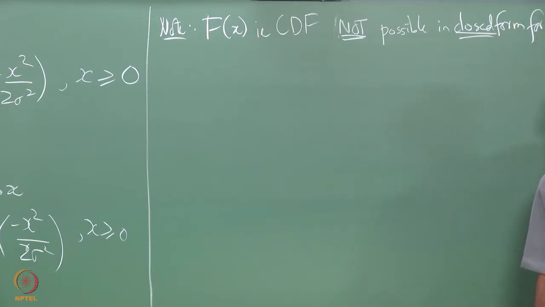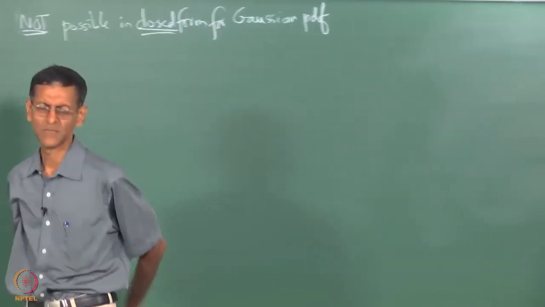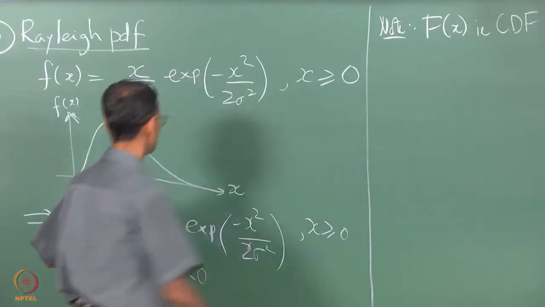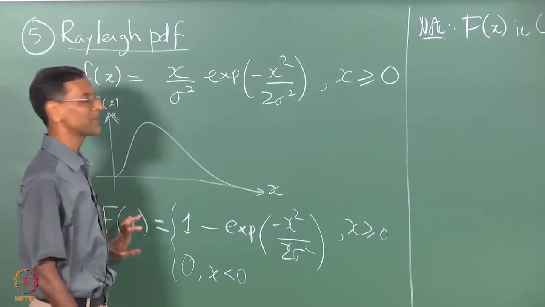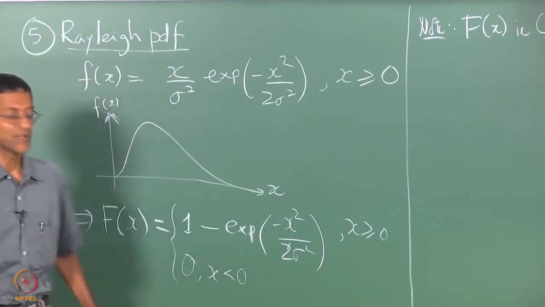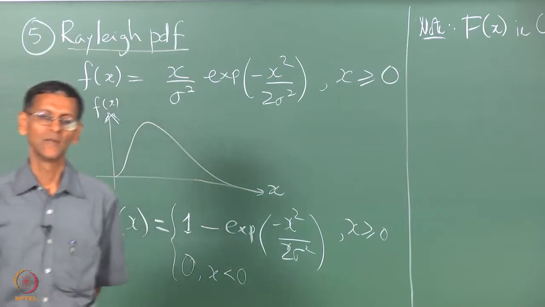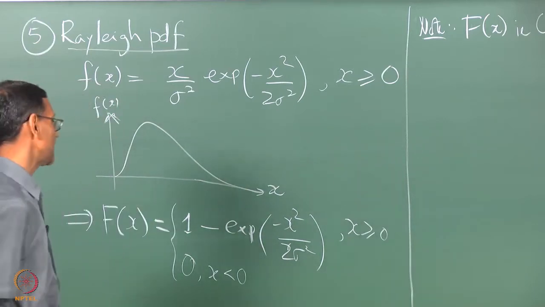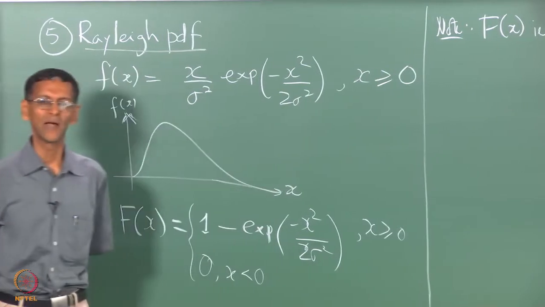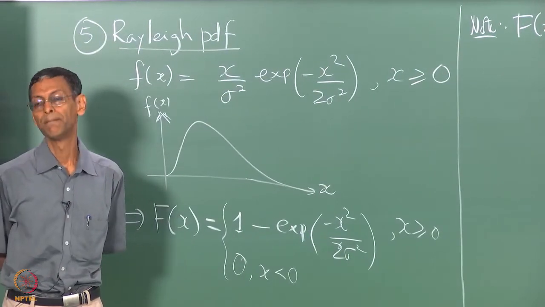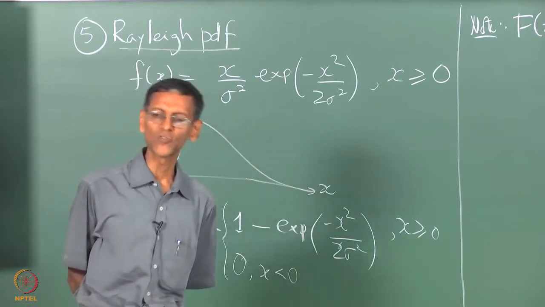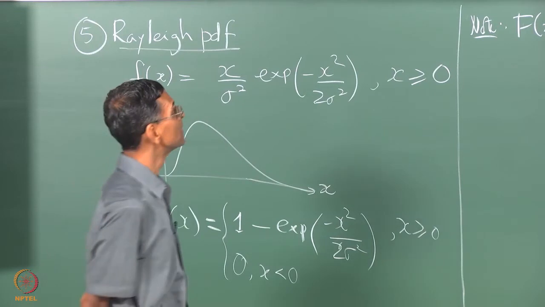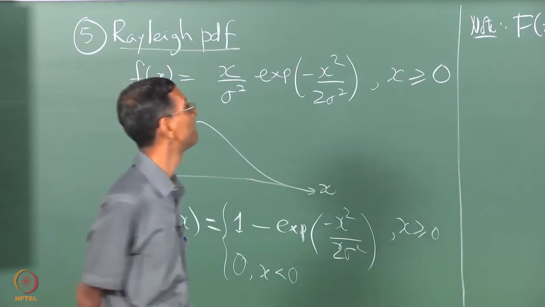I should have said this before I started that, but I think it's good to remind ourselves when we can and we can't. We cannot take closed form expressions for the CDF always for granted, which is another reason why PDFs are mathematically more convenient to manipulate than CDFs. Something as important as a Gaussian PDF, you have a closed form expression only for the PDF, but not for the CDF.